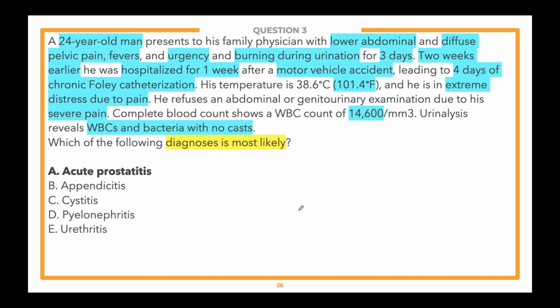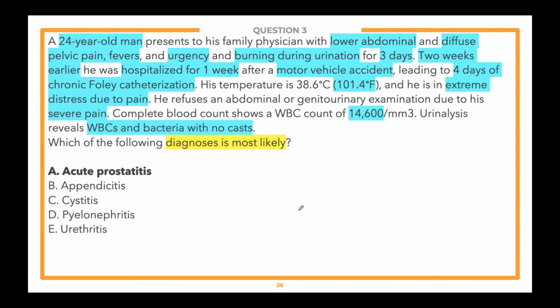Cystitis, like we said, is just a simple UTI with dysuria, but you shouldn't have a fever, leukocytosis, or that severe pain. Appendicitis, you can have fever and leukocytosis. Your pain would, in theory, be isolated to the right lower quadrant, and that wouldn't necessarily explain the urinalysis findings.